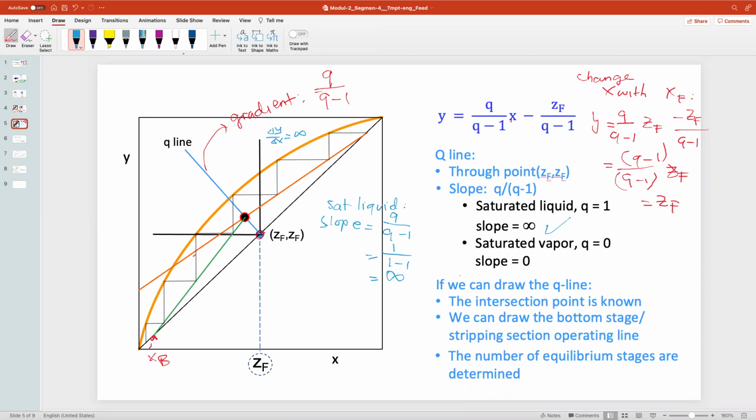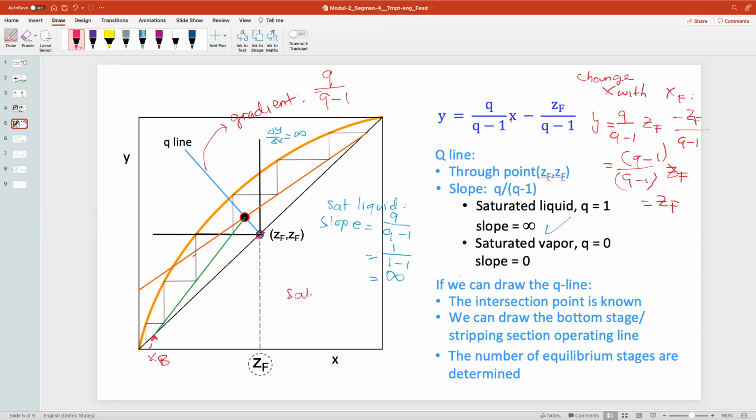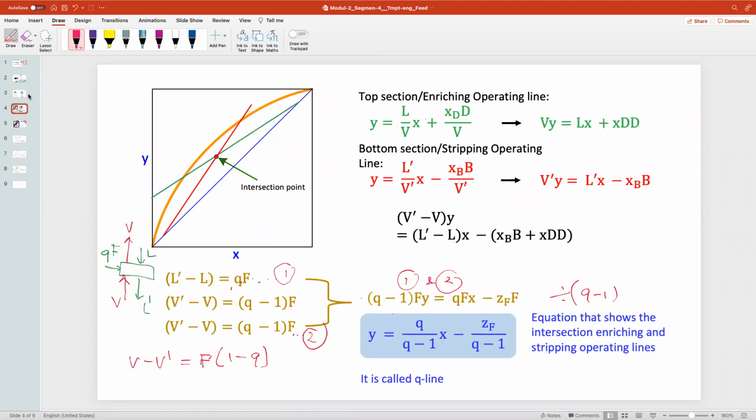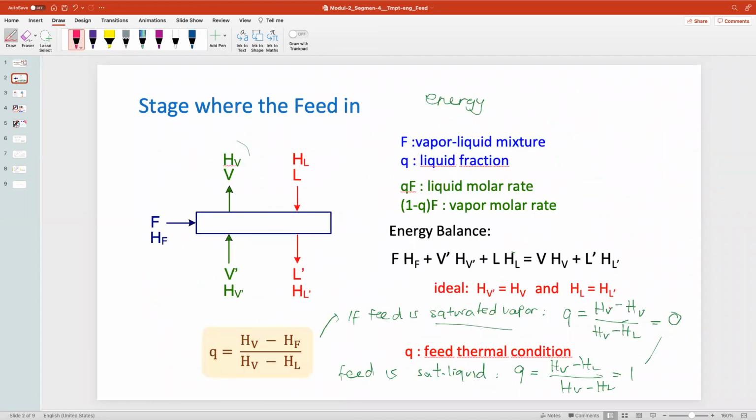Next, how about if it is saturated vapor? What is the Q? Go back to here. Q is 0, because of HV minus HV.